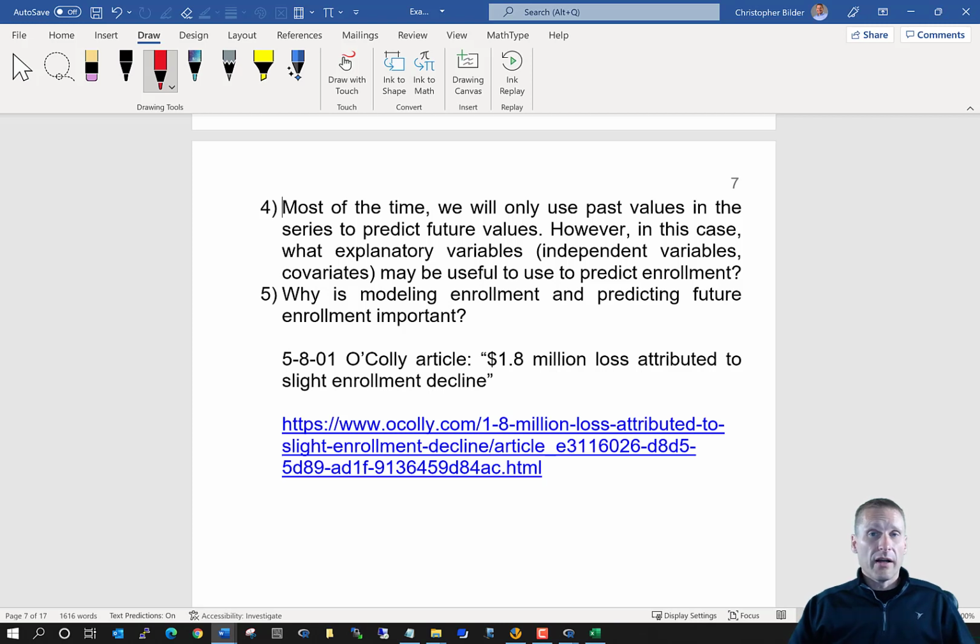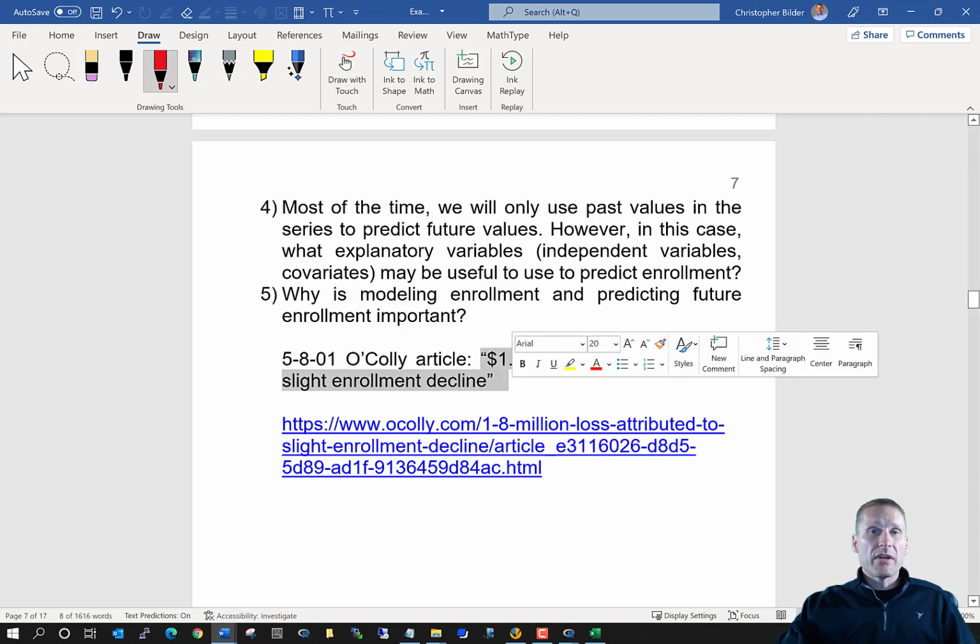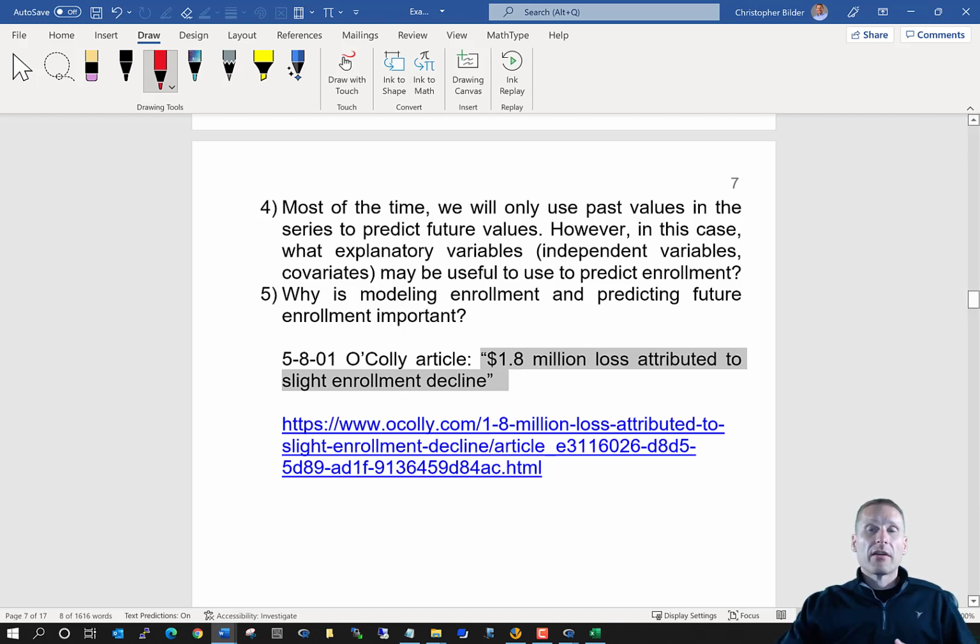This led to a $1.8 million loss in tuition dollars from what they expected due to this poorly forecasted value. Maybe it's not good to say a loss because they never actually had the money to begin with in terms of these enrollment dollars. But what they had been planning on was to get $1.8 million more in terms of tuition and other fees associated with students.